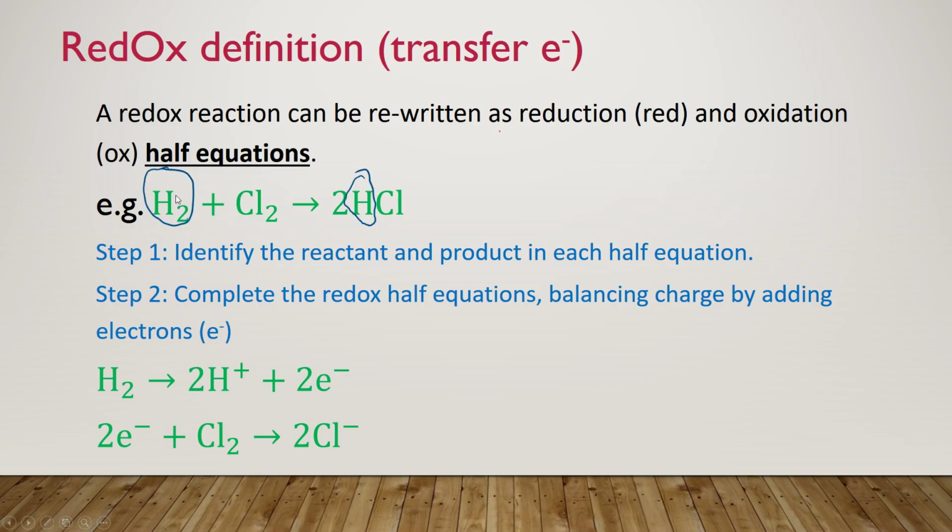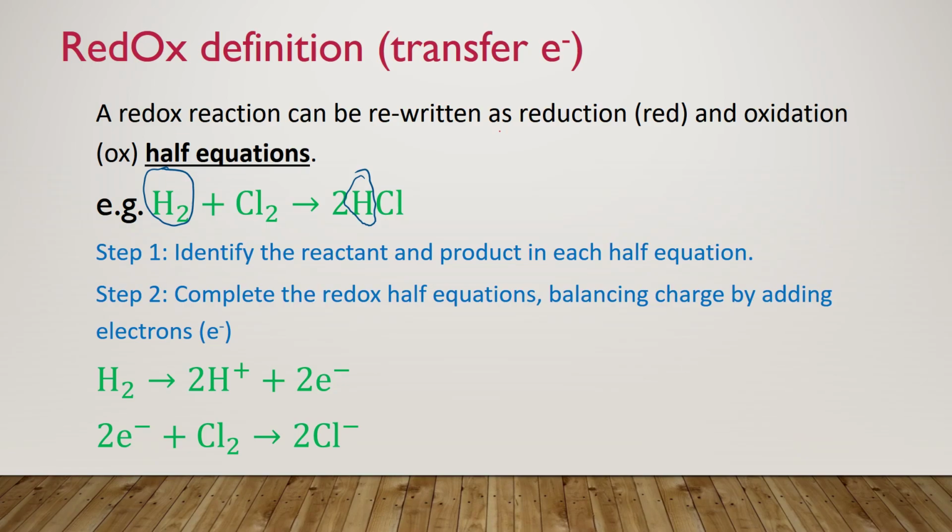So we can see that the hydrogen needs to be a reactant in one half equation, and then we've got hydrogen as part of the hydrochloric acid. The hydrogen in the hydrochloric acid is actually hydrogen ions, because it's an acid. So we obtain these reactants and products all from the full equation that we're given. We don't have to generate any extra chemical parts.